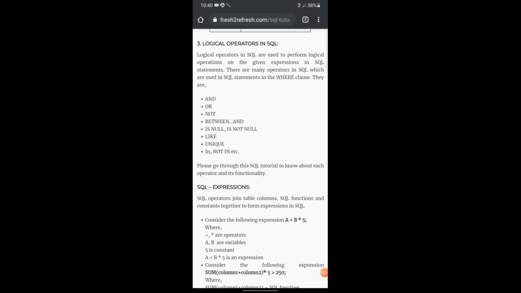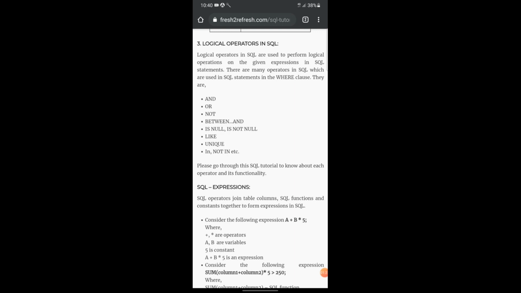Also, for example, in the case of an employee table, you are given the task to find who are those employees who joined the company before a certain date, or after a certain date, or in between certain dates. In that kind of scenario, we cannot use other operators like arithmetic or relational operators.